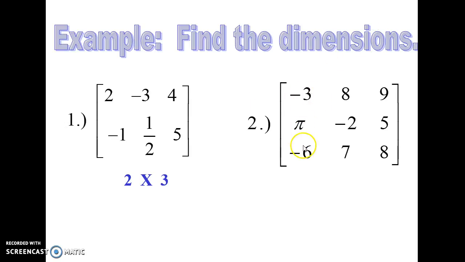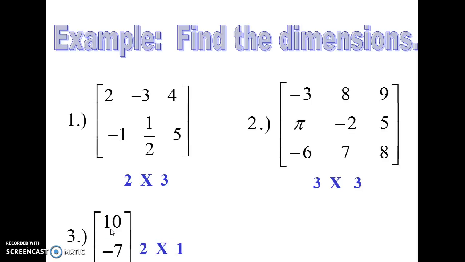Here you have 3 rows and 3 columns, so that would be 3 by 3. Down here in number 3, we have 2 rows, but it's only 1 column. So the dimensions would be a 2 by 1. And then in number 4, you have 1 row and 2 columns, so that would be a 1 by 2.